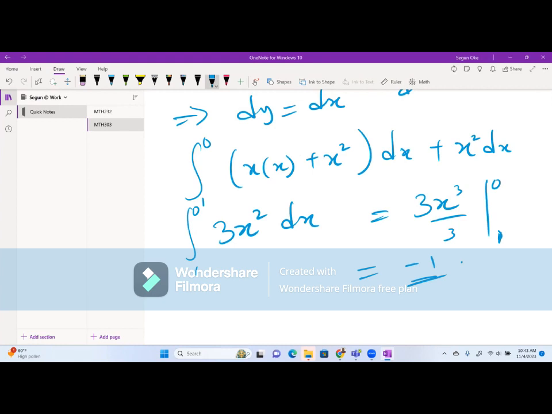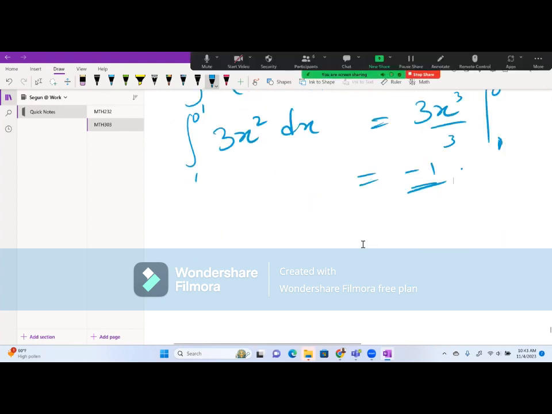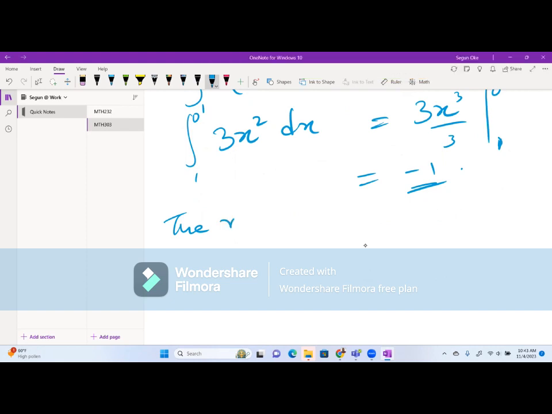Now, remember we are trying to verify Green's theorem. So the requirement in this case, the line integral will be, remember the first analysis, we have 19 over 20 minus 1.